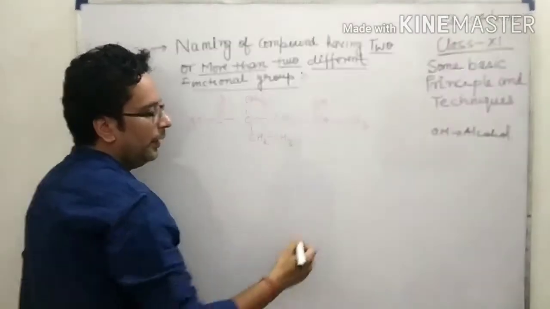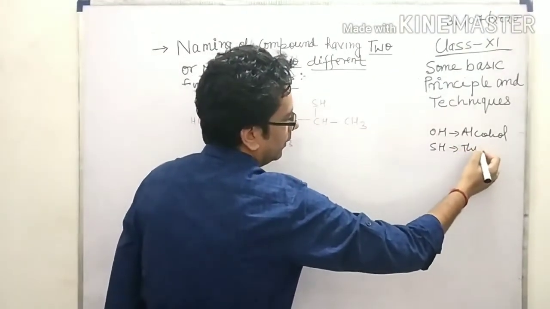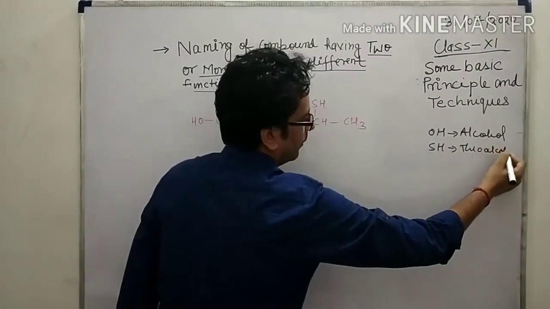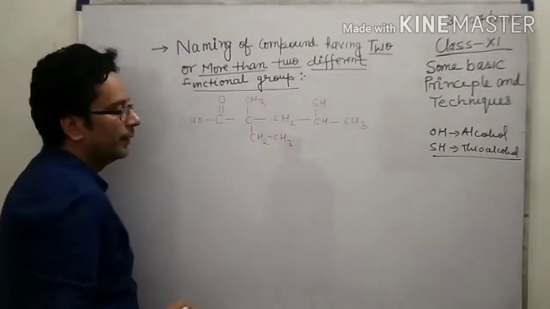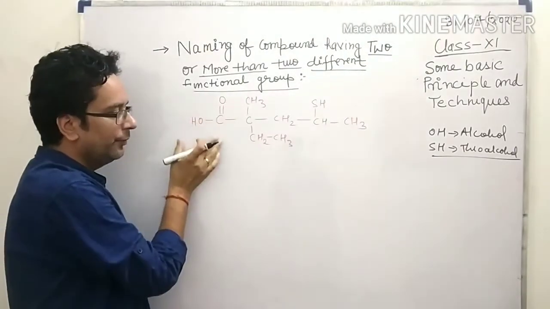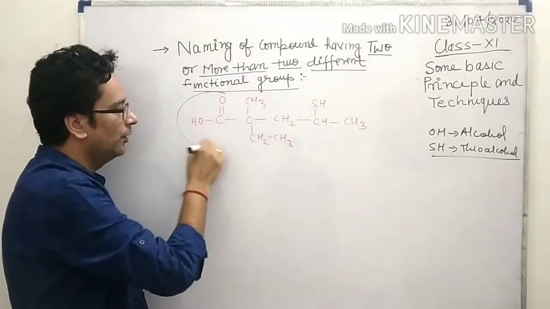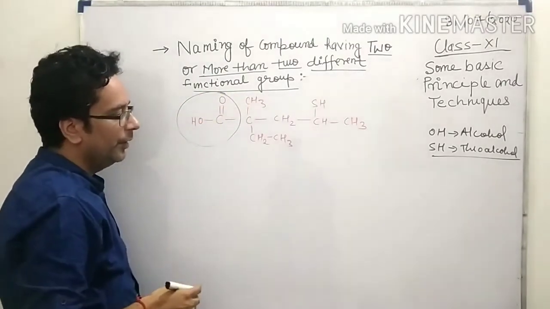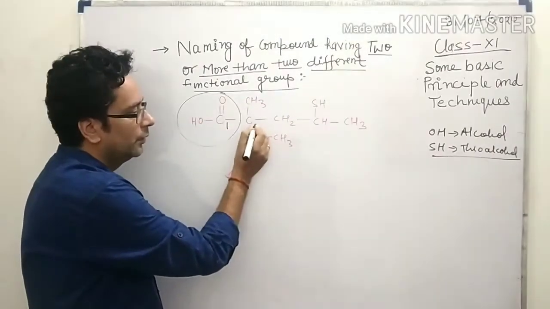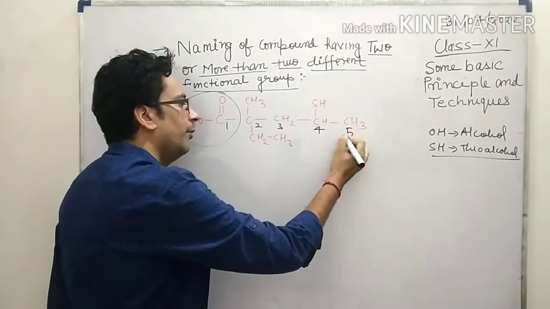And if SH is present, thioalcohol. So look here, COOH is first in the priority order, so it is the principal functional group. Now give the numbers 1, 2, 3, 4, 5.